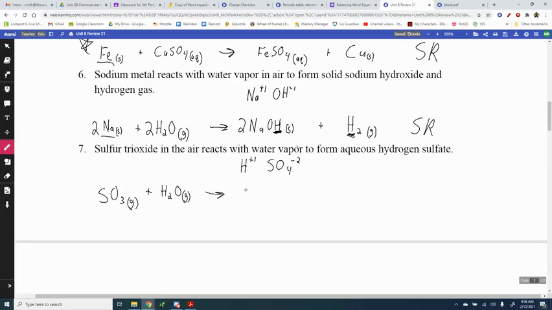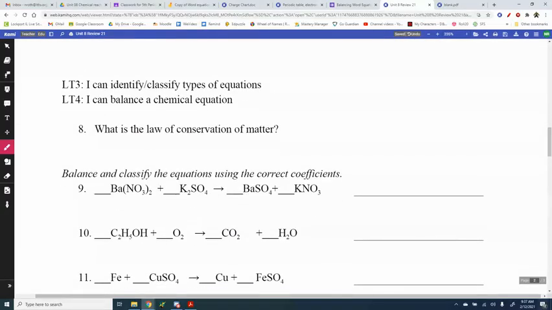So we need to balance that out by doing H2SO4. And that is aqueous because it says aqueous right there. Okay. So now we need to balance, but I think this is already balanced, and yes, it is. So that's already balanced. So now we need to identify. Okay, this is a synthesis reaction. Okay, moving along.